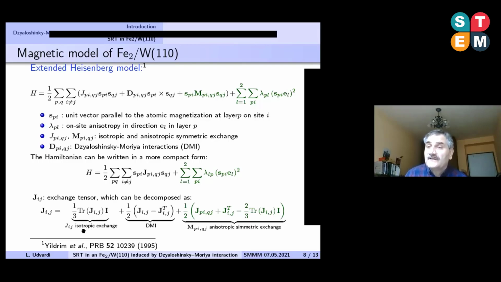One third of the trace is the isotropic term of the exchange couplings. The antisymmetric part is responsible for the Dzyaloshinskii-Moriya interaction, and the traceless symmetric part is the symmetric anisotropic exchange. So this was the model we used to describe this iron double layer on tungsten.